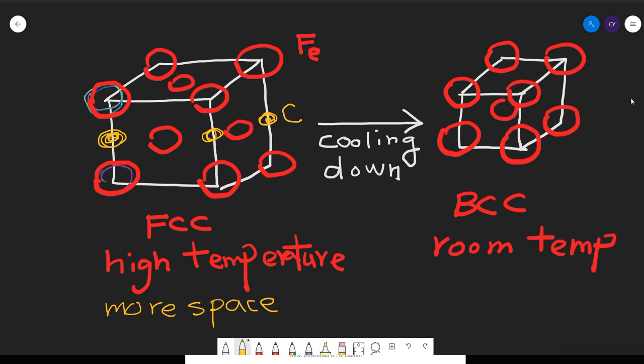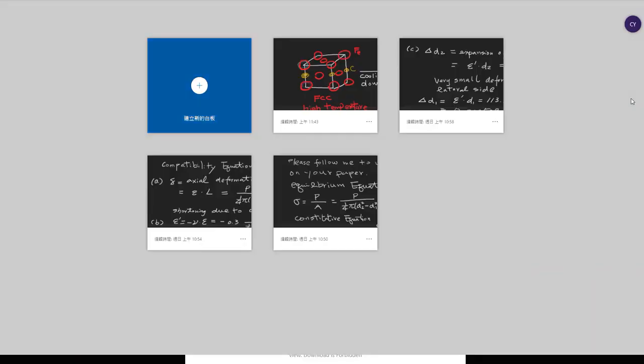So the carbon atoms should go outside from here, because there is less space. And where do they go?